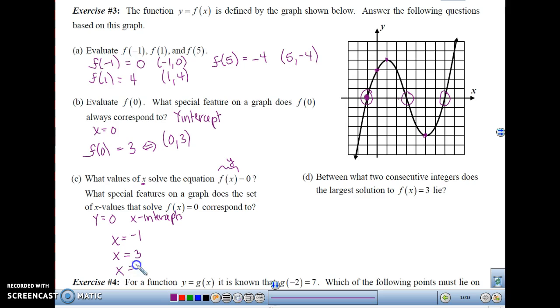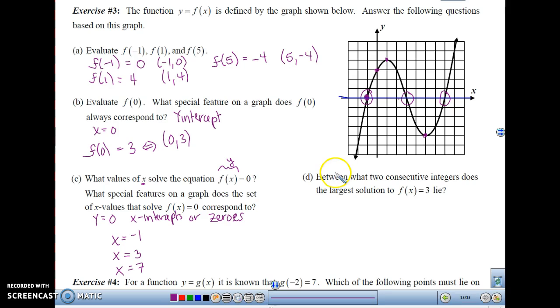So there's 3 values where x equals, and these are called the x-intercepts. These are also called the zeros of the function. Now, if we were to draw y equals 0 and intersect these graphs, that's where the 2 graphs intersect, if we cross the x-axis.